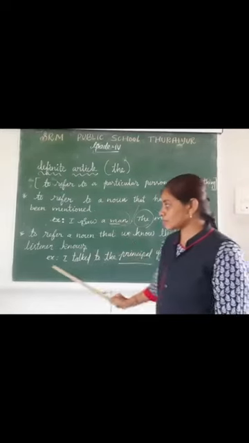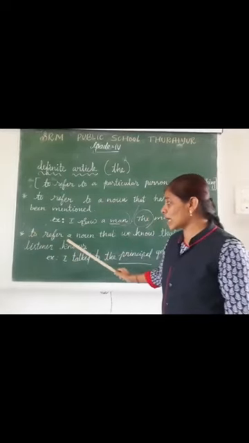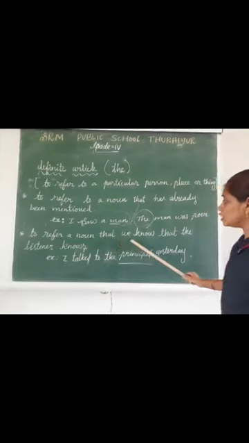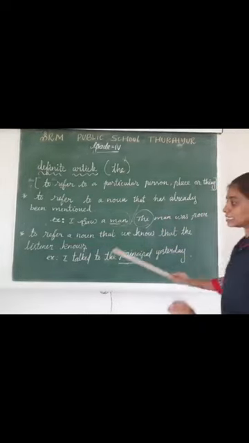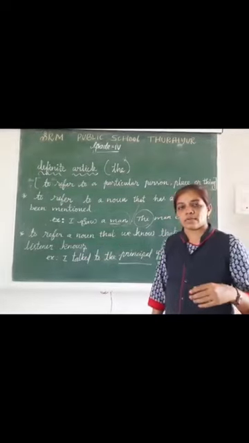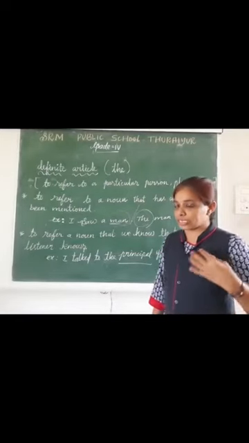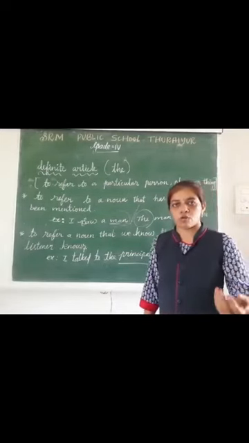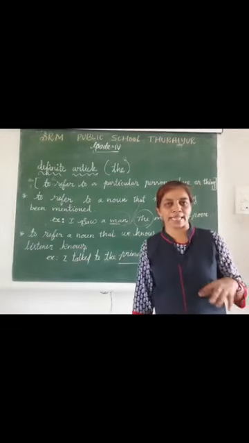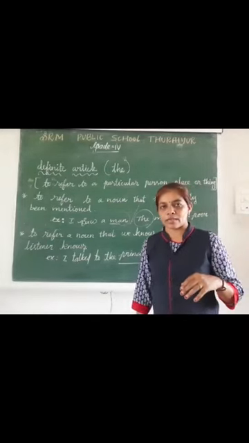Look here. Second rule: to refer to a noun that we know and the listener knows. We are referring to a noun that we already knew and the listener knew. What does listener mean?